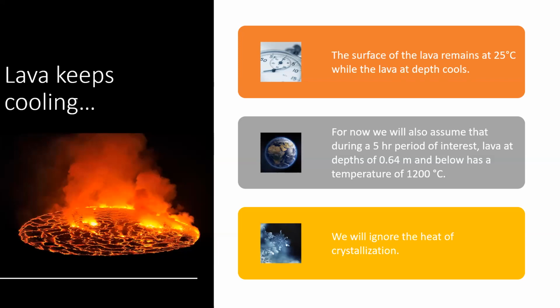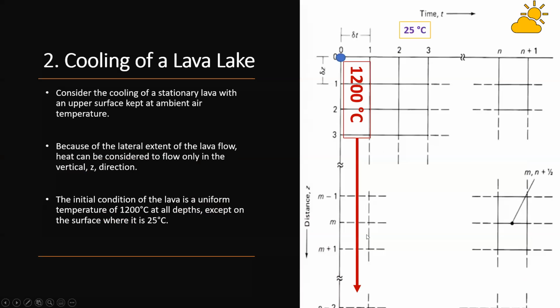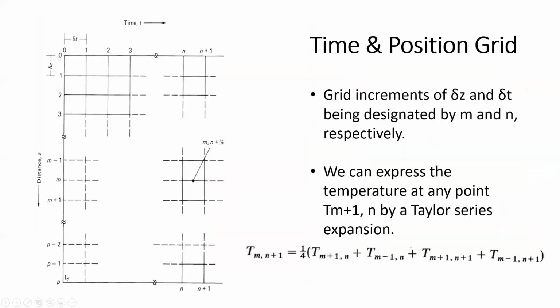Okay, so we will assume that during that 5-hour period, the lava at depths of 0.64 meters and below has a temperature of 1,200 degrees. So, let's say this is the bottom of the intrusion or the lava lake.